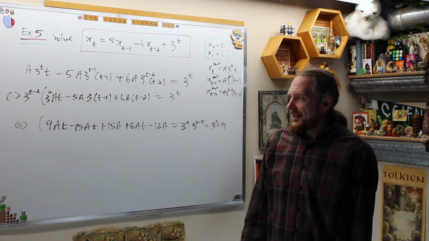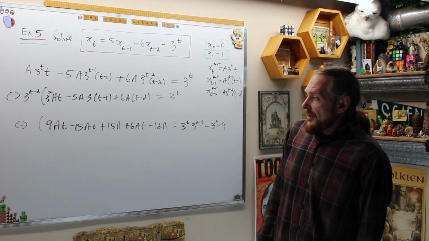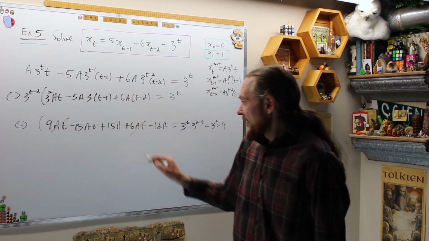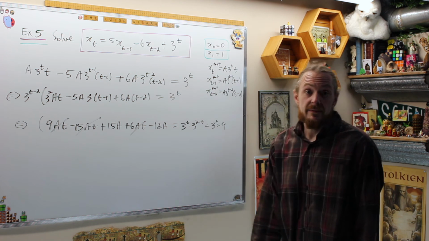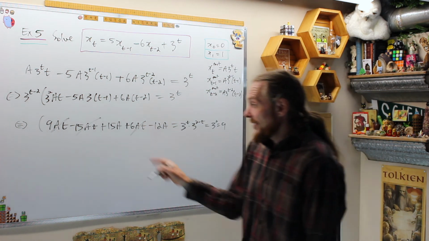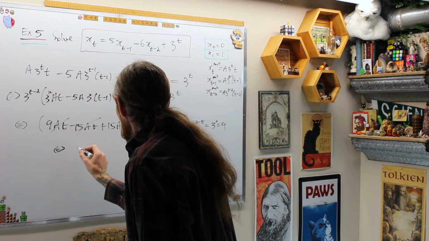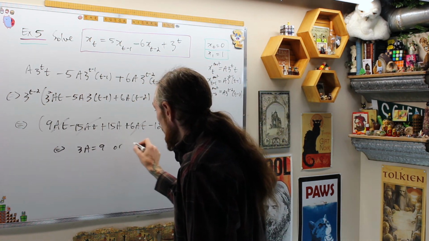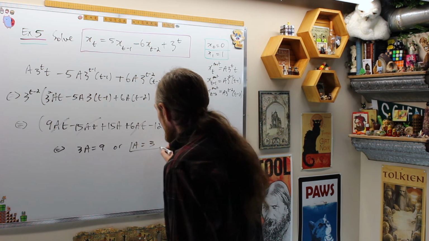Exponent laws. I divided by that guy. What does that give me? Hopefully, if I did this right, 9 and 6 is 15, and negative 15at cancels, and that gives me finally 15 minus 12 is 3a equals 9, or a equals 3.